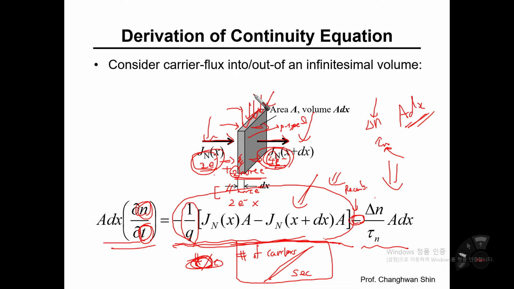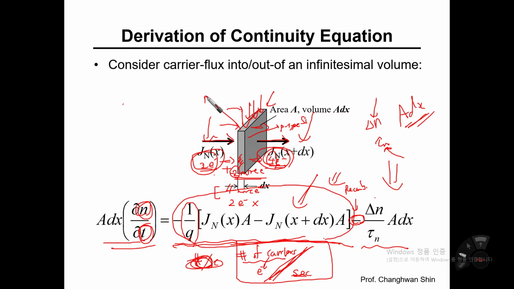Okay, so the thing that we need to know is the number of carriers per second. The carrier in this specific case is an electron. So we have how many electrons have been excessively, additionally injected into this volume.